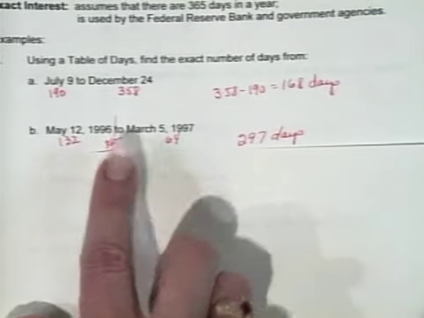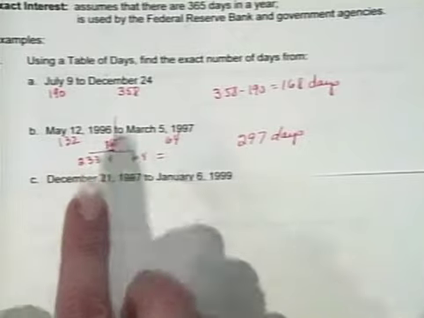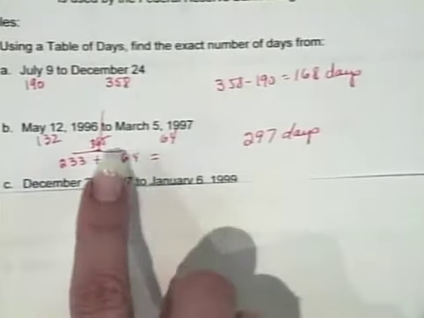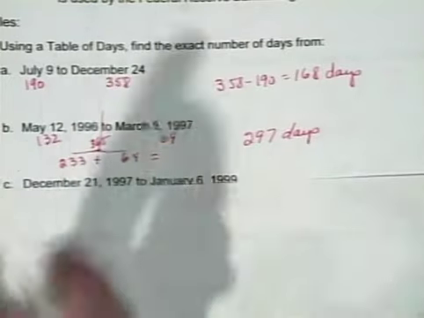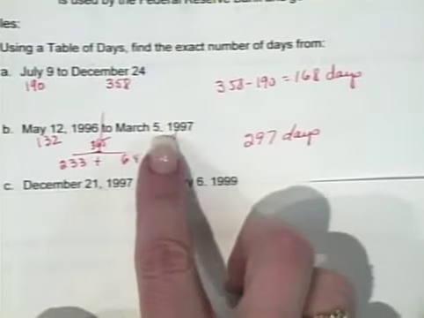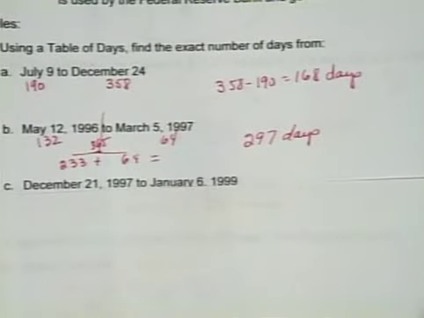So I see until the end of the year, I have 233 days left. So we just subtract the 132 from 365? Yes, and that'll tell you how many days you have until the end of the year. And then I noticed that March 5th is day 64, so that would extend 64 days into the new year.